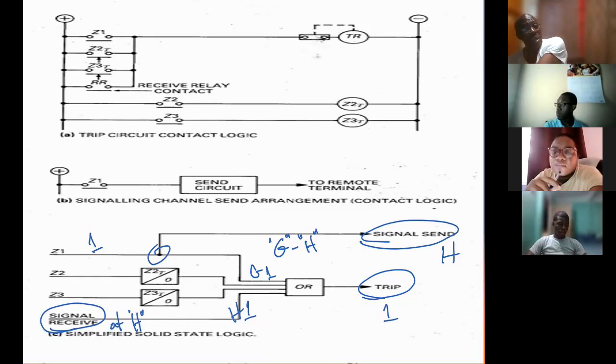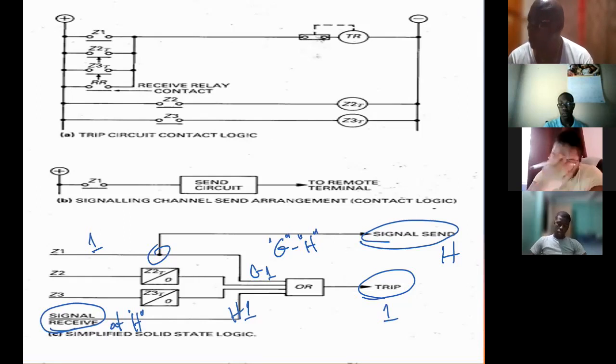So if the fault was in the end zone at H, it would be a zone 1 at H, but it would send a signal to zone 2 at G. As I just mentioned, the biggest problem with this system is incorrect operation. All right?